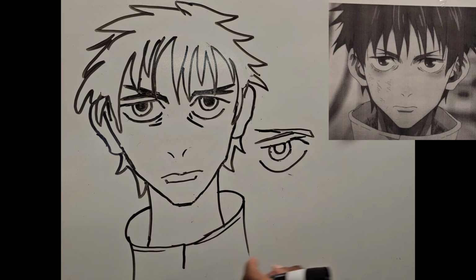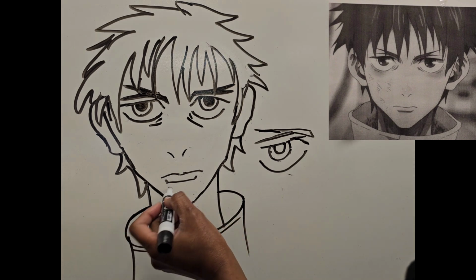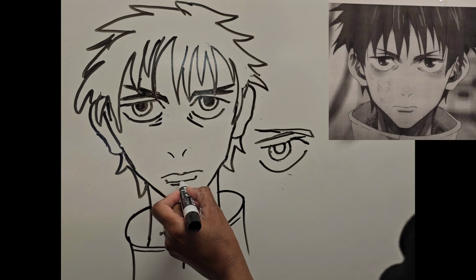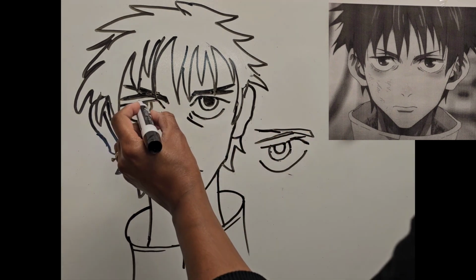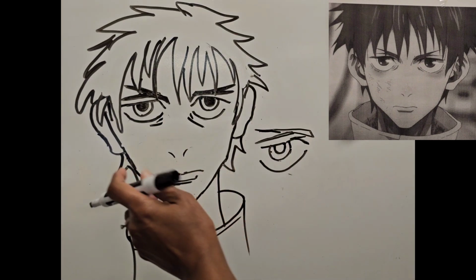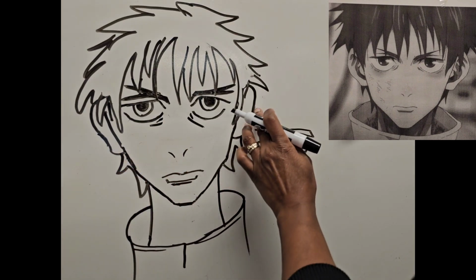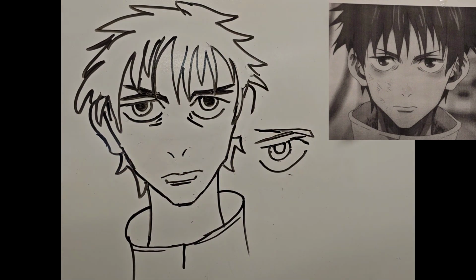And let me see what that looks like here. Okay. Then there's a shadow on his. It's hard to show the shadow because I'm using a dry marker, a dry eraser marker. And let me fix those ears up a bit too.